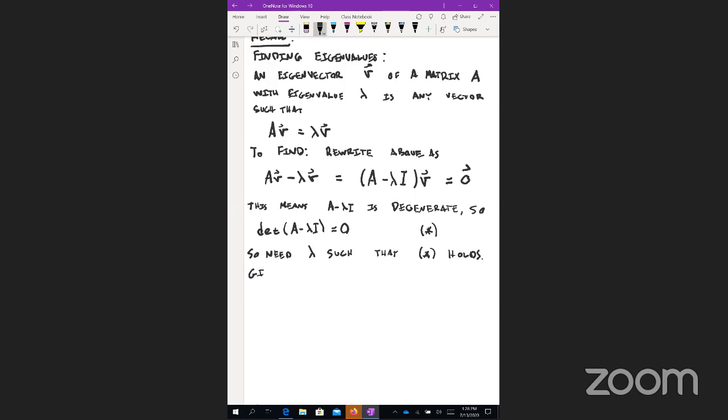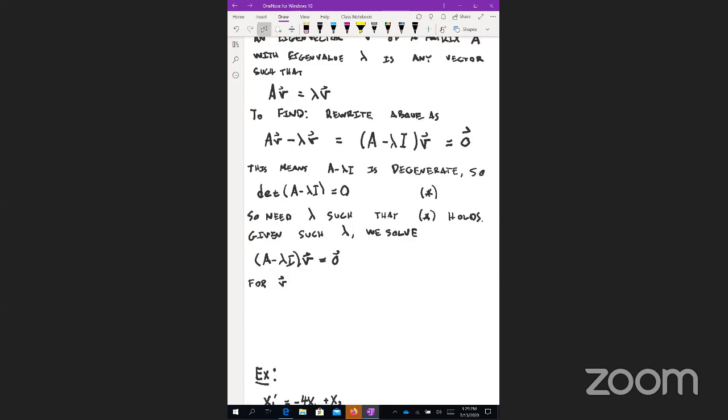Given such lambda, we solve A minus lambda I times v equals 0 for v using row reduction, Gaussian elimination, whatever your favorite technique is.